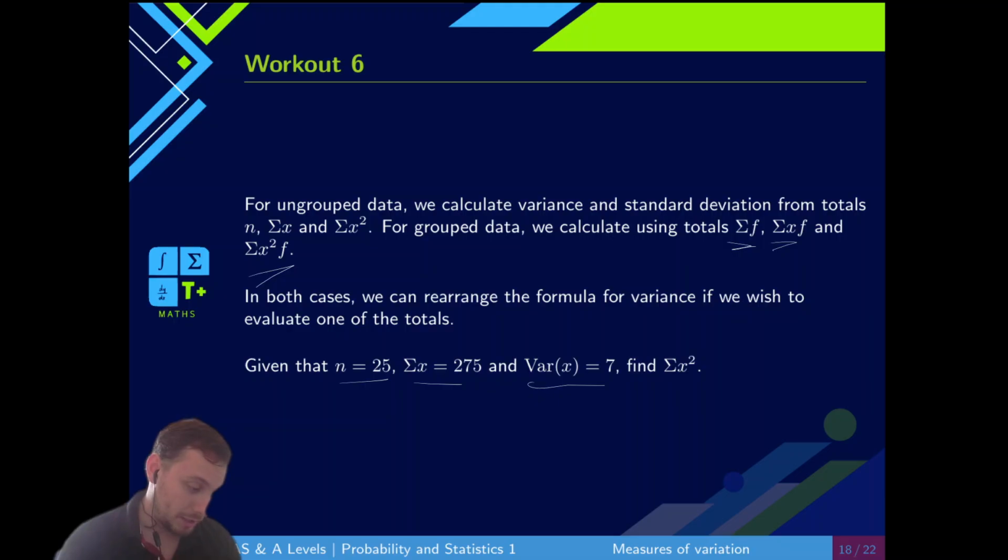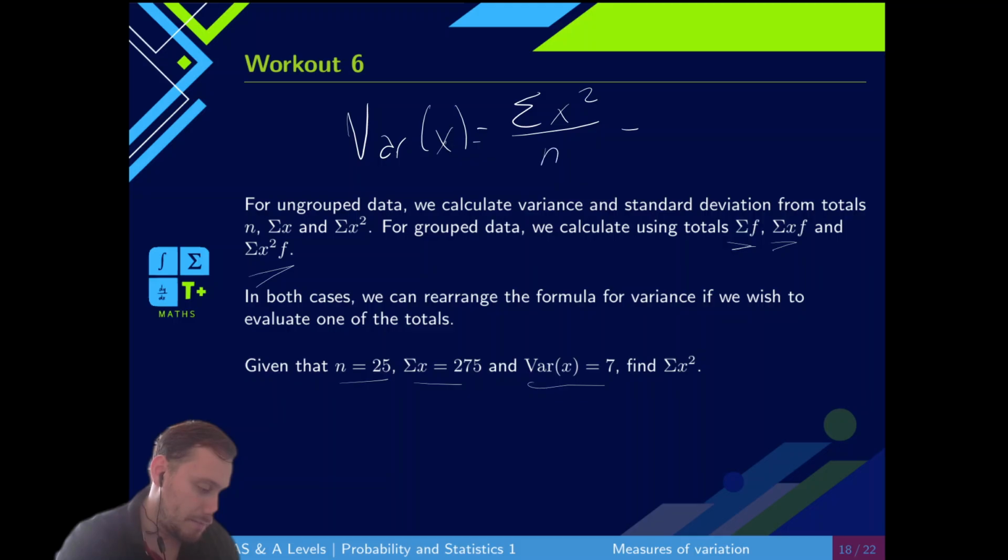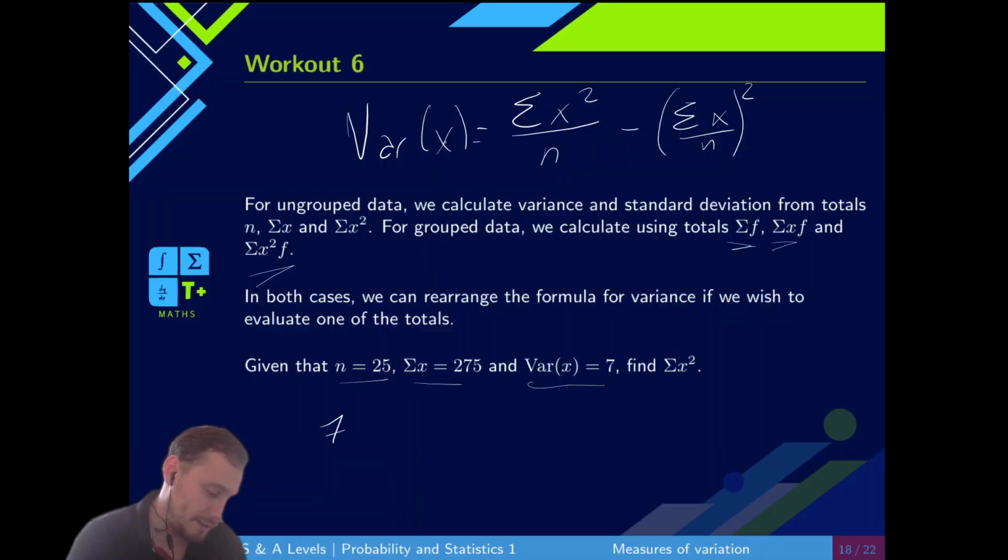So go back to the formula. I'm going to write it here. The variance of x is equal to, and now yes, I'm going to be using the second formula, the sum of x squared over n minus, and instead of writing the mean, I'm going to write the formula for the mean, that is the sum of x over n, squared. Why is that? Because here the variance of x is just 7.